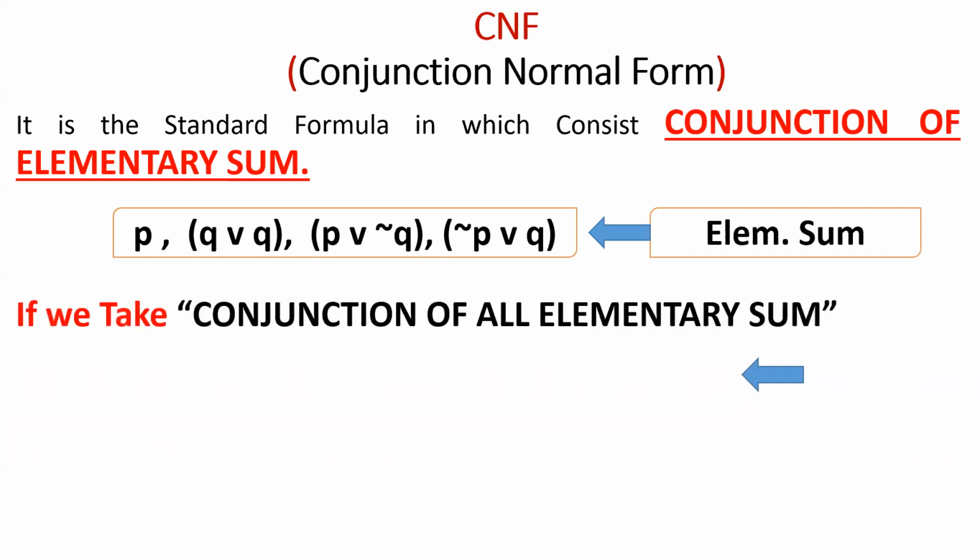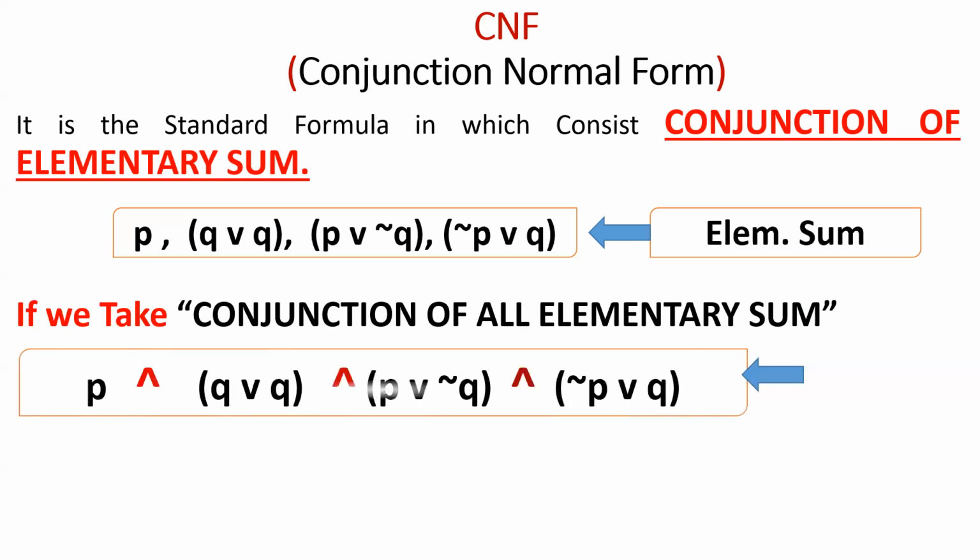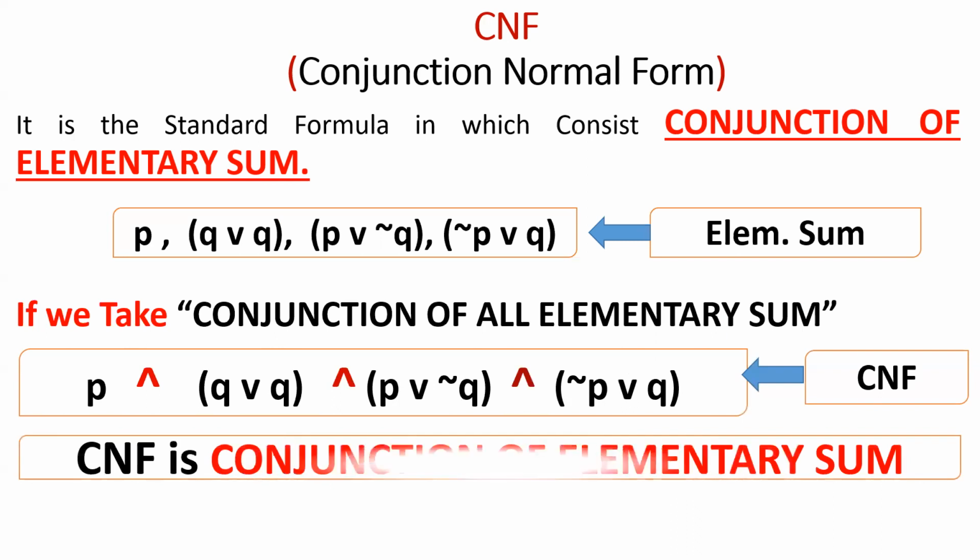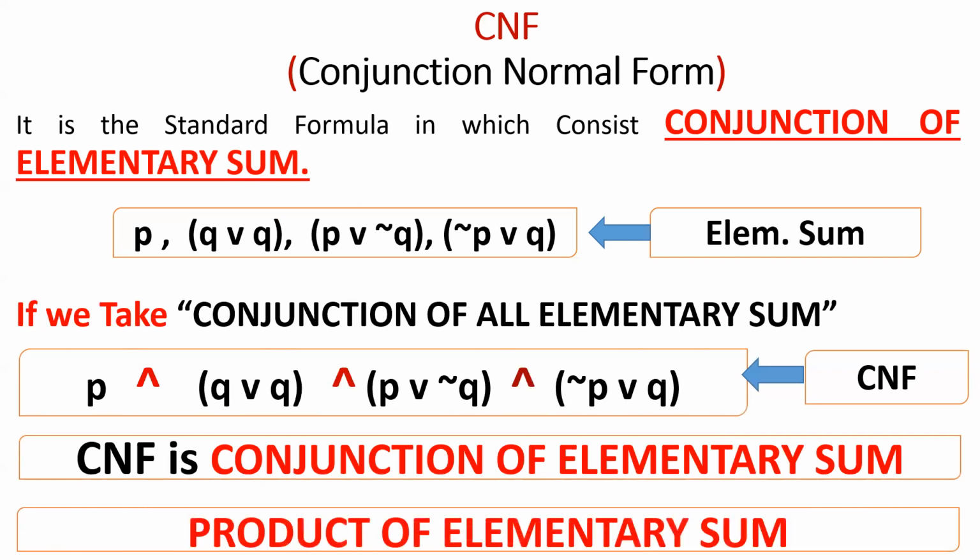And once we get elementary sums, if we take the conjunction of all elementary sums, we get a standard form, and that standard form is nothing but CNF. So CNF is conjunction of elementary sums. Also, with respect to conjunction, we have replaced the word with product. So CNF is also known as product of elementary sums.